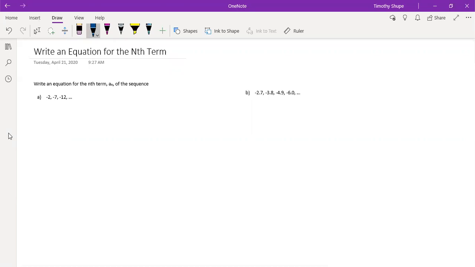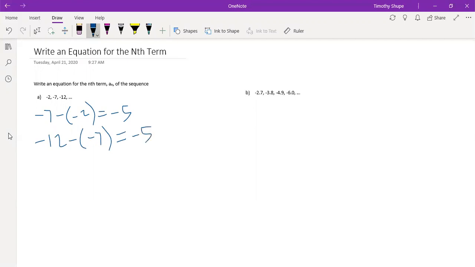So if we look at this, the difference between a -7 and a -2, if I subtract those, is going to be a -5, which would be the same difference if I took a -12 and subtracted a -7 from that. I would also get a -5.